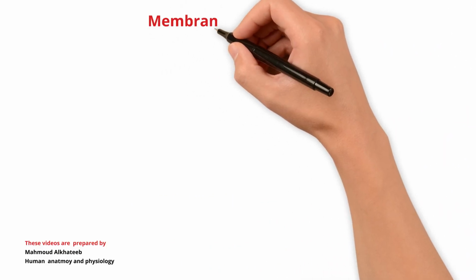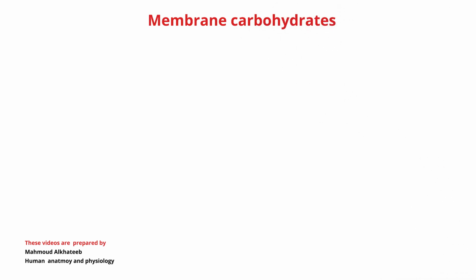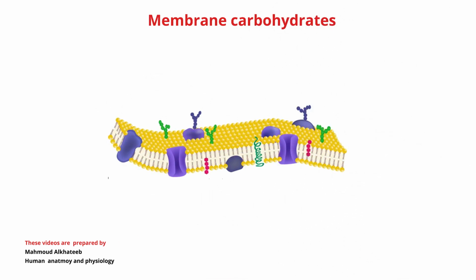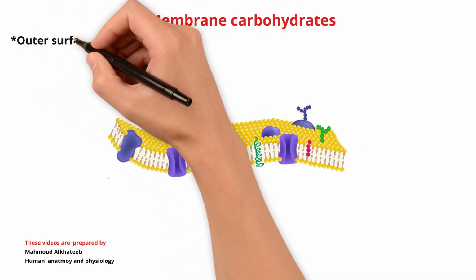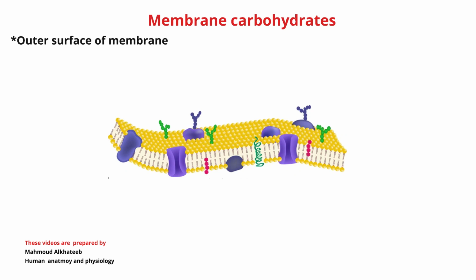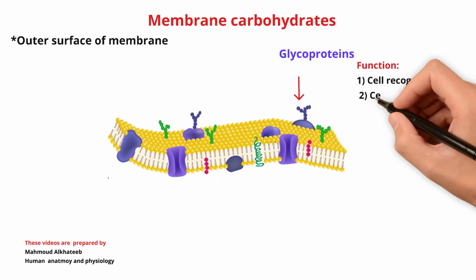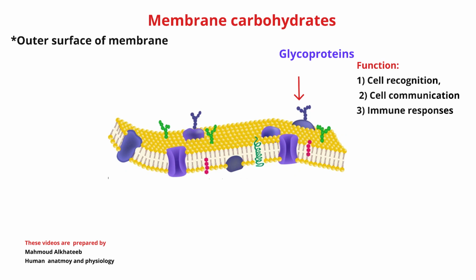The third major component of the plasma membrane is carbohydrates, which account for about 2 to 10% of the membrane's mass. These carbohydrates are primarily found on the outer surface of the membrane, where they form glycolipids and glycoproteins. Glycoproteins are proteins with attached carbohydrate chains, playing important roles in cell recognition, communication, and immune responses.